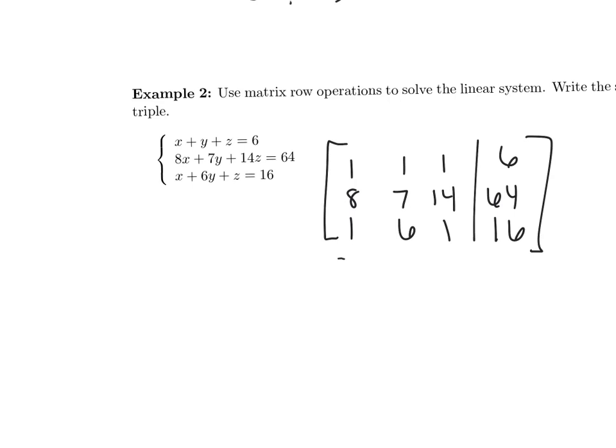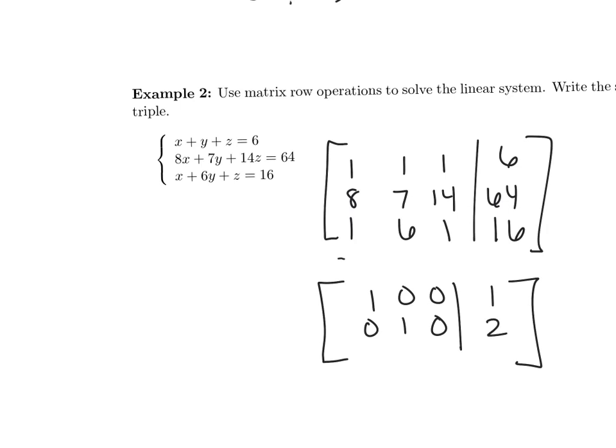If you watch the video that's linked about doing the calculator, it's showing this example. Then go through the steps on the calculator. After you do that, you should get 1, 0, 0, 1; 0, 1, 0, 2; 0, 0, 1, 3. So your solution is 1, 2, 3.